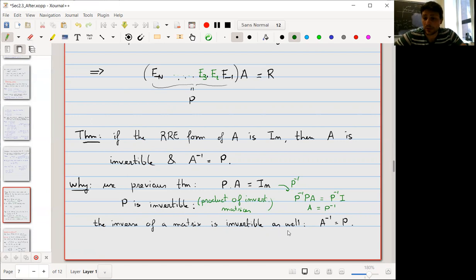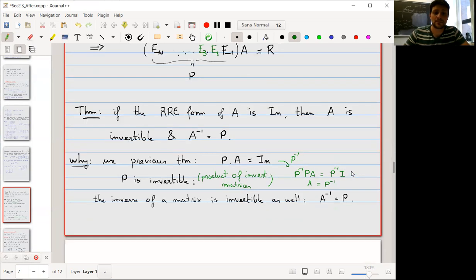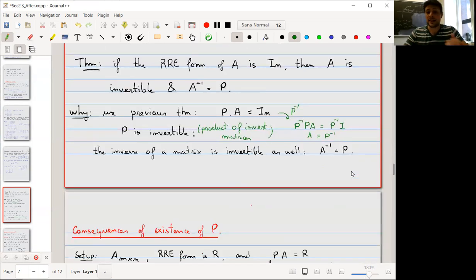That means by the property of invertible matrices that A is invertible as well, and its inverse is exactly P. So that's the content of this theorem. What we'll see in the next video are some consequences of the existence of such a matrix P. It will have a profound impact on the theory as we are developing it right now.